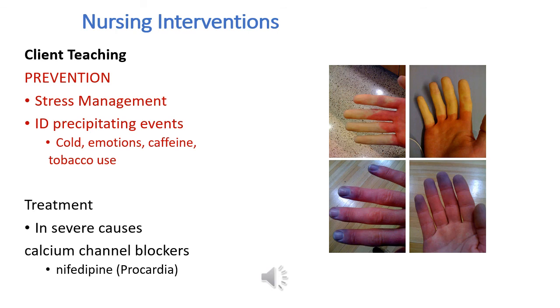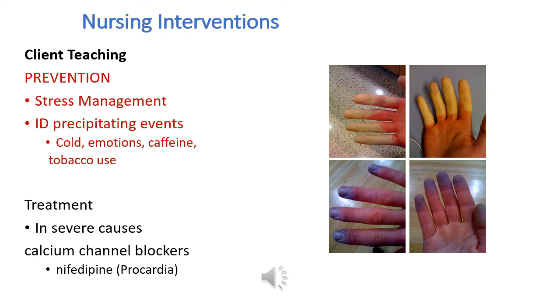In more severe cases, calcium channel blockers have been used, such as nifedipine or Procardia, which is on your objectives page, and we know that calcium channel blockers work to relax the sympathetic nervous system, and so sometimes that can be used.